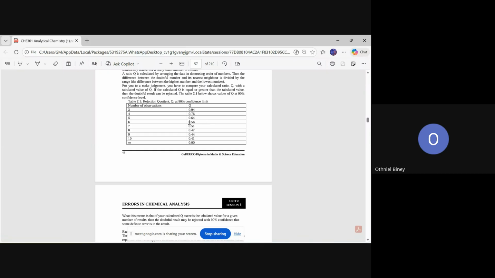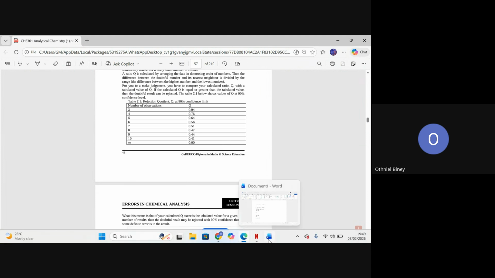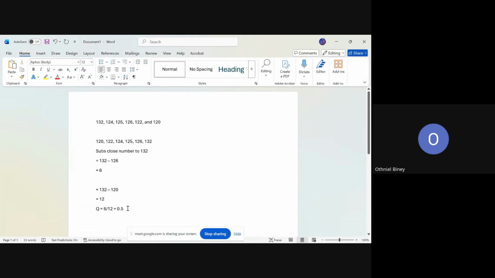From the number of observations 6, the Q value is 0.56. And from the rule, if the Q value calculated is less than the Q value on the Q table, then that particular value that was obtained should be accepted. So in this case, per our calculation, our Q value is 0.5.